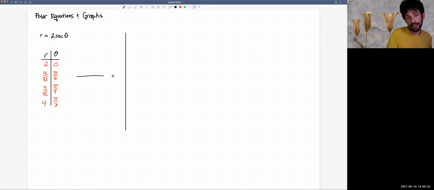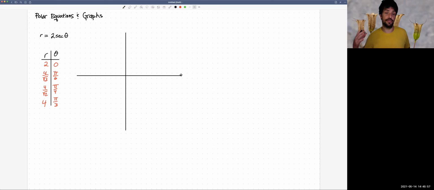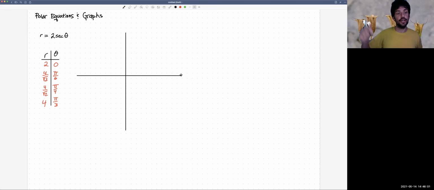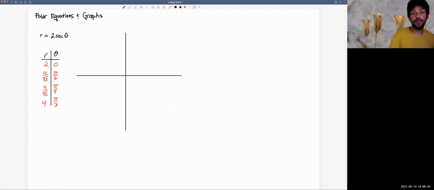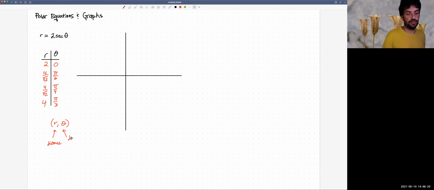Now, the meaning of these points, though, we have to remember, right? Just like with rectangular coordinates, if you plug points into something, you get an x and y. x tells you where to move right, y tells you where to go up and down. We have to remember what each of these coordinate points means. Each of these is a coordinate point r, theta. This is our distance from the origin, and this is our direction.